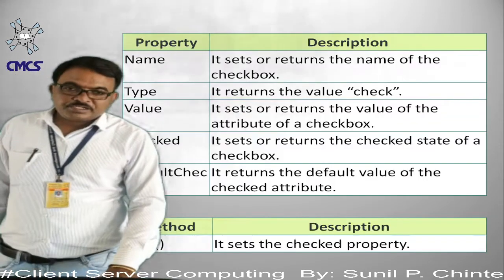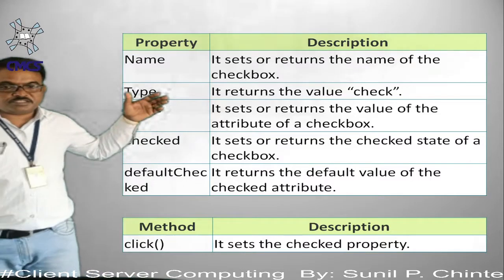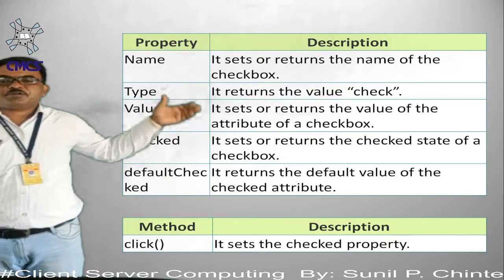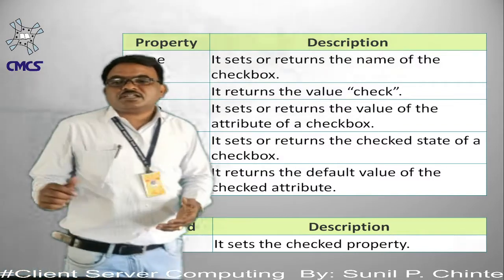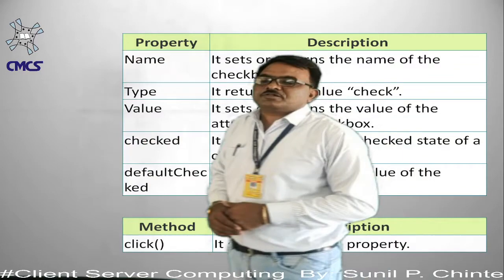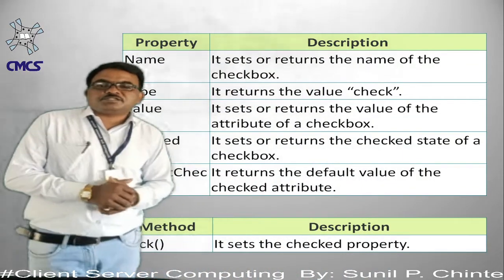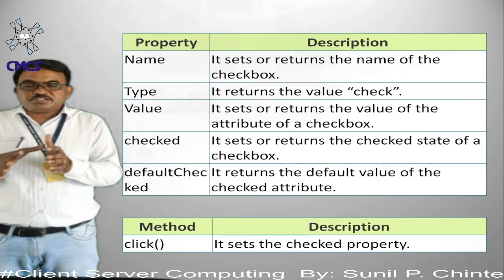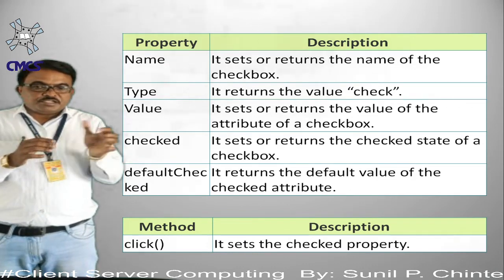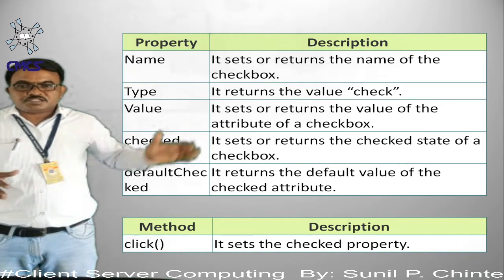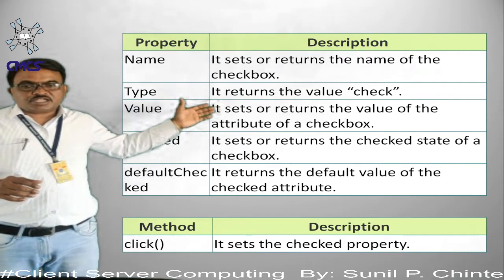Now let's see the different properties and methods. The most important properties with this are type, value, checked and default checked. The name property sets or returns the name of the checkbox. The type property returns the type of the checkbox.